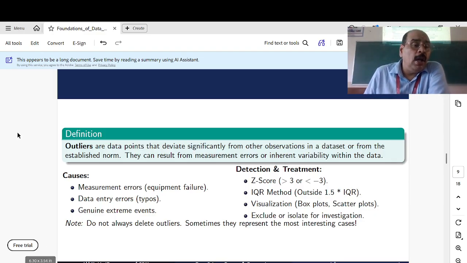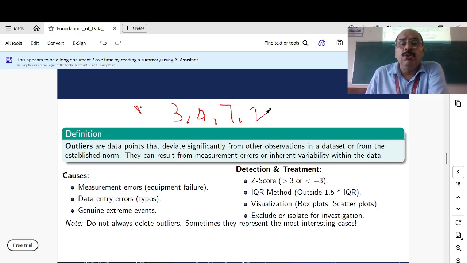Okay, I can give you an example. Say I have certain values like this: 3, 4, 7, 2, 89.